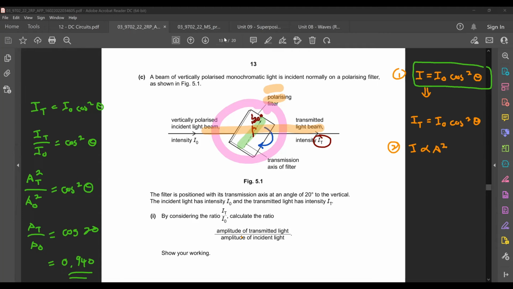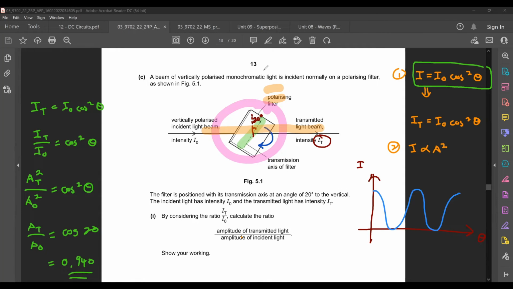You're gonna get something like this. I draw it longer. If I versus theta, you're gonna get something that looks like this. This is your cos square graph.